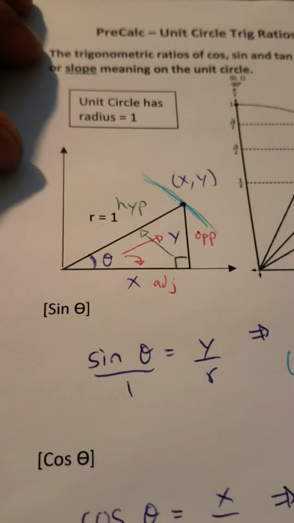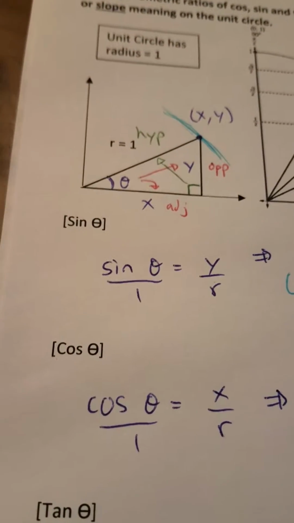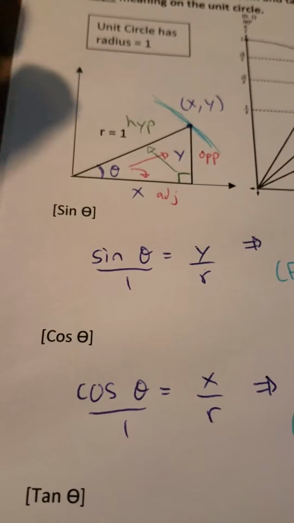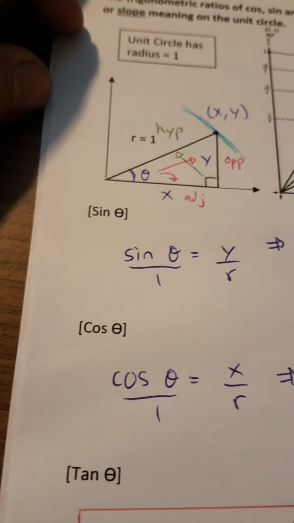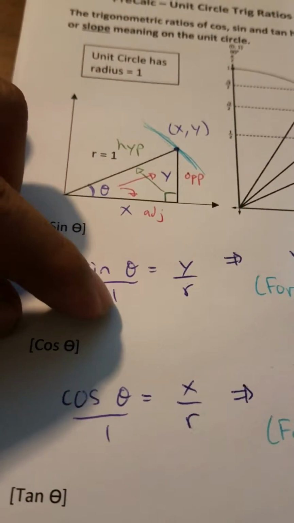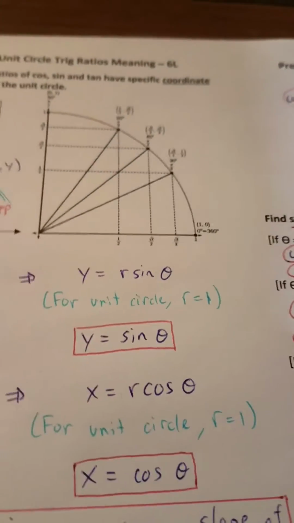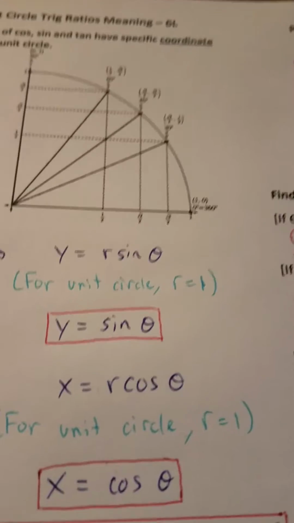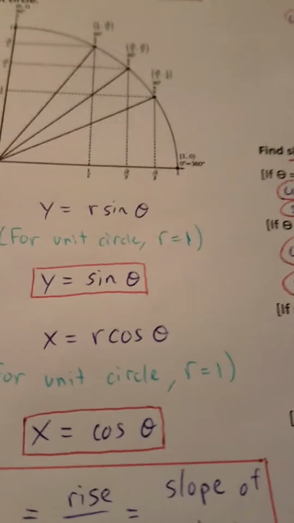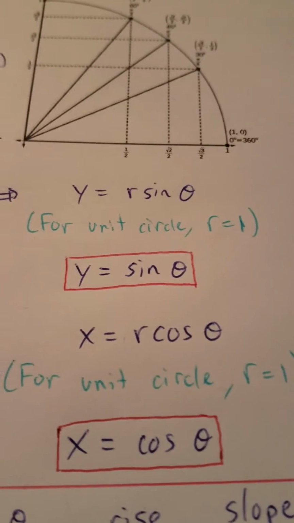Okay, and then we go ahead and actually write the definition of sine of theta, which is going to be opposite, which is y, over hypotenuse, which is r. So then you put this over 1, right? So you can cross multiply with no problem. So if you cross multiply, you get y equals r sine theta, and of course that's an equality, so y equals that.